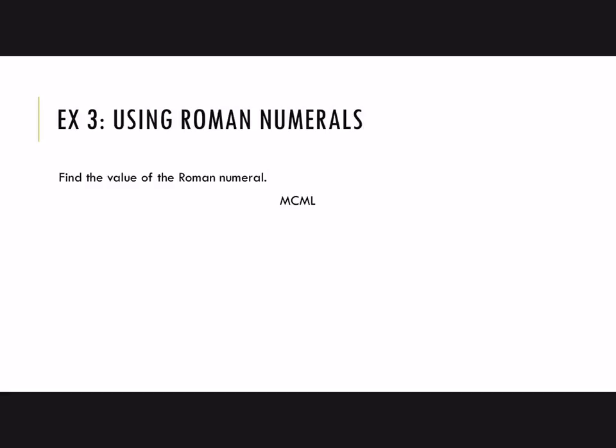Okay, MCML. M is 1,000. C is 100. We have another 1,000. And then we have L, which is 50. So go through, and I've got large, and then smaller, and then I've got a larger one again.